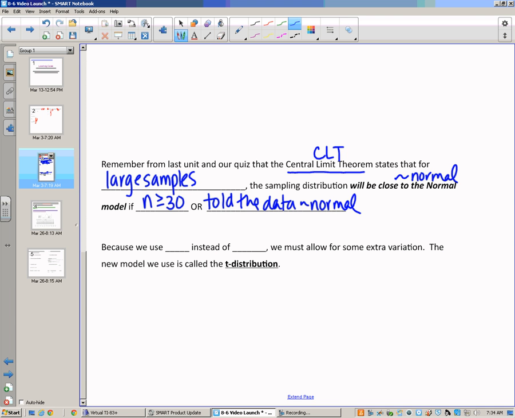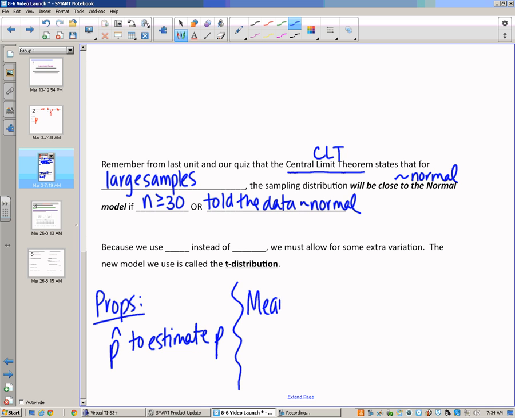So what we're in is a situation where we have means. So remember the symbol for proportions. We had p hat to estimate p. So what we're going to do now with means is we're going to use x bar to estimate mu.